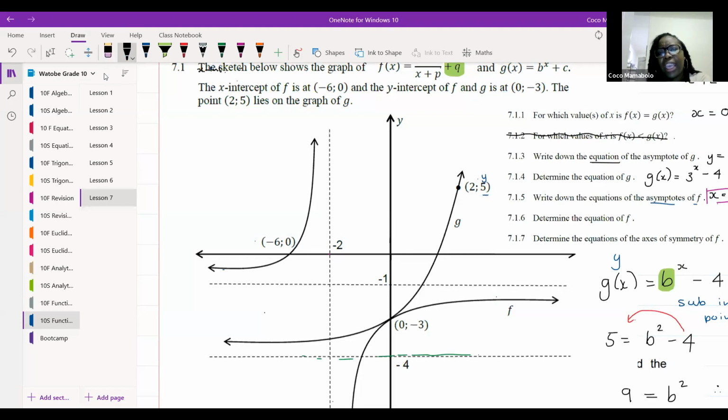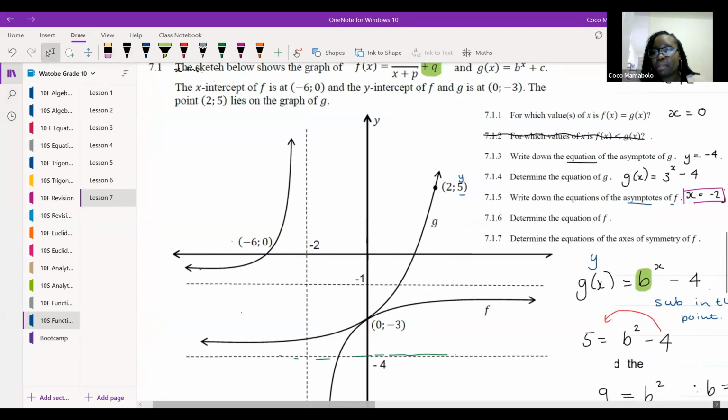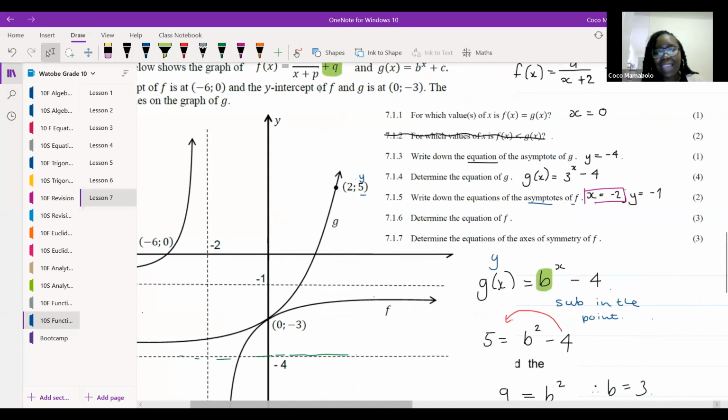If x over here is -2, p then has to be, what makes this undefined? If x is -2, p will have to be +2 in order for that thing to be undefined. And that's why I've taken this part over here where my asymptote was -2 and I've made it +2.